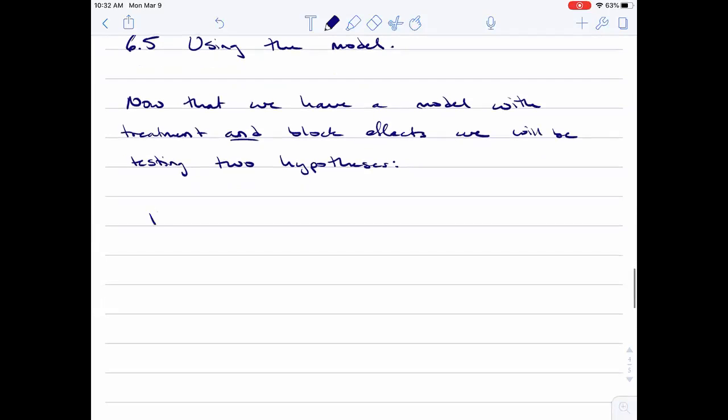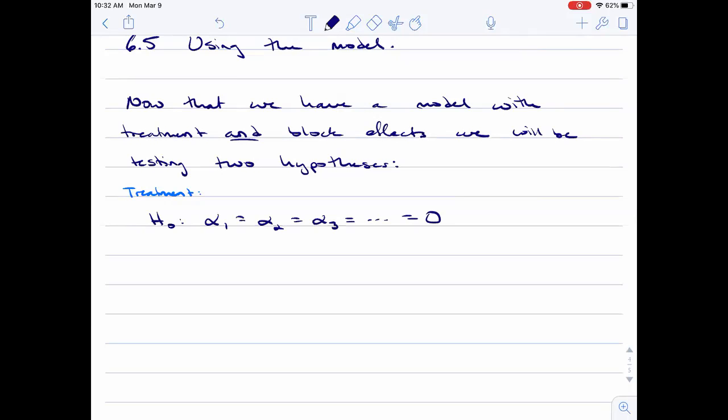The first one is for the treatment, which in general is going to be alpha 1 equals alpha 2 equals alpha 3 all the way up to equal to 0.